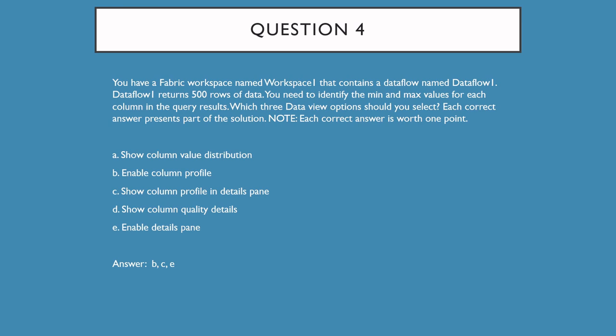So if you have already worked on dataflows, copy activities, and data pipelines, this question would be very easy to solve. The answer is B, enable column profile. Once the column profile is enabled, you have to show it in the details pane. So option C, show column profile in details pane, and E, enable details pane.